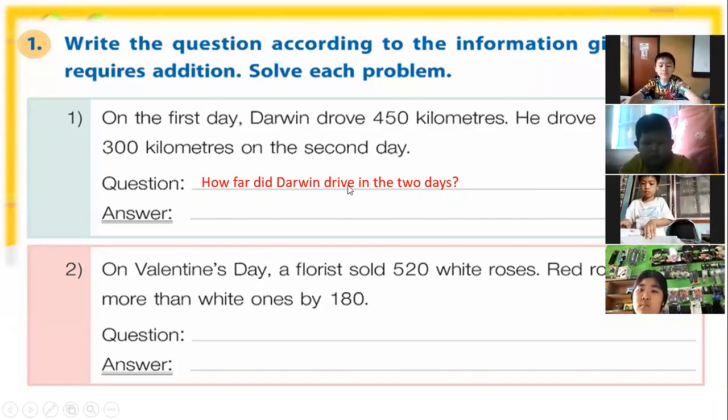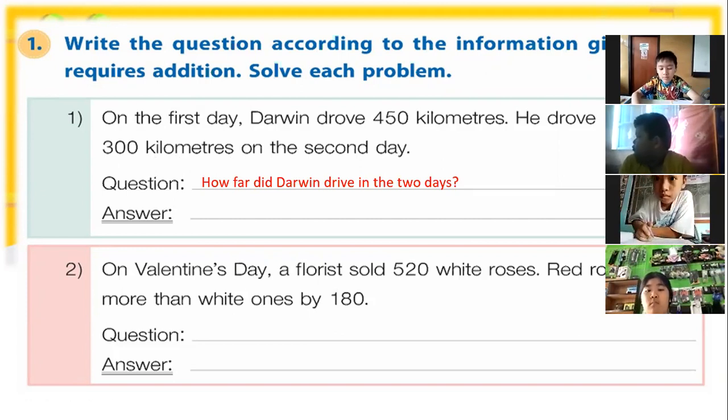Now we have to solve the problem by addition. If we add 450 kilometers plus 300 kilometers, students, 450 plus 300 becomes how much? 750.